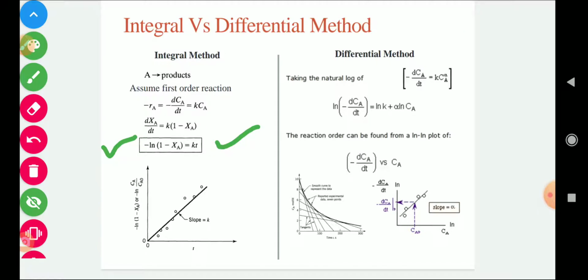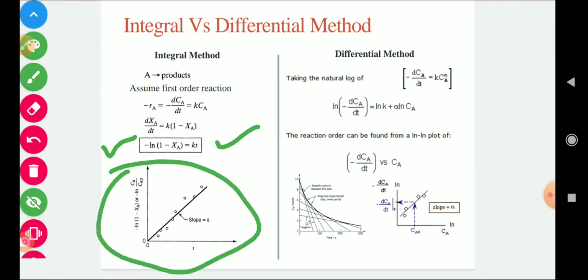Now plot that equation and see whether it gives a straight line or not. So this is the graph of log(1 minus XA) versus t. If it gives a straight line, it means our assumption is correct and the reaction is of first order.